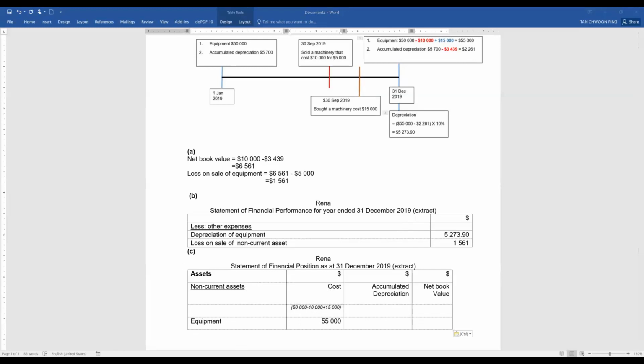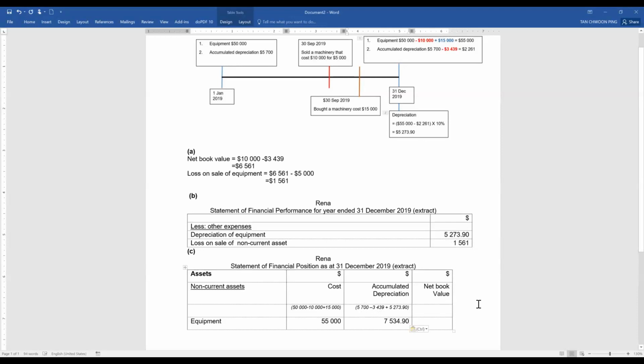Then for your accumulated depreciation, beside using 5,700 minus 3,439, we must add 5,273.9. What is 5,273.9? Is our current year of depreciation. So once you add up, then you can get the accumulated depreciation as at 31st December 2019.